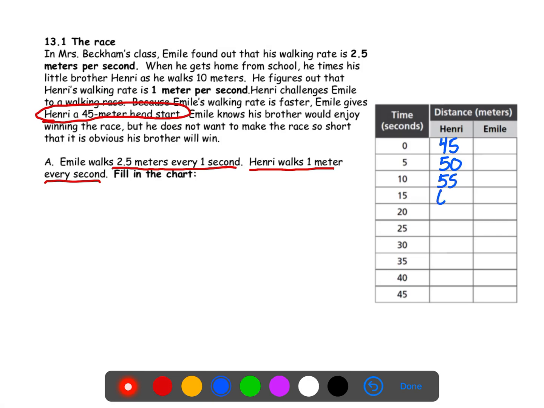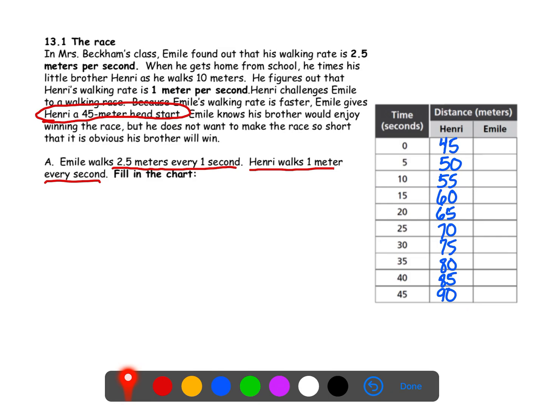And that's going to continue for the entire table, all the way up to 90 meters. So that would be the furthest distance, at least that we're going to represent here in the table. We don't necessarily know how far they raced or where they ended, but we'll talk about that a little bit later. Now let's look at Emil.